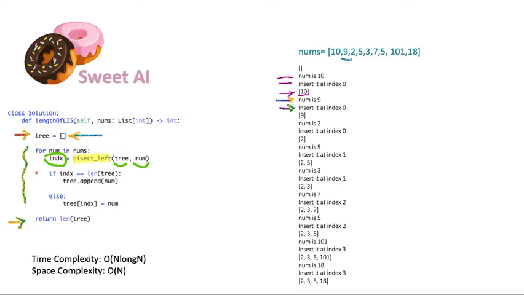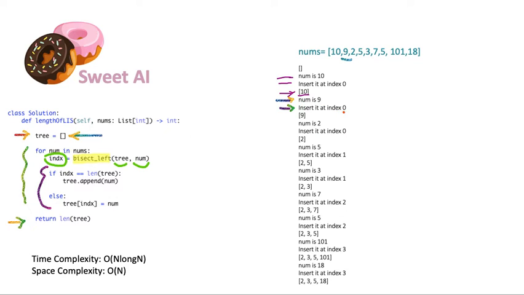But what should we do here? The trick for this subsequence is here. If the index is equal to the length of the tree, we are going to append that value to the tree. Otherwise, we are going to just update that value that we have at that index.